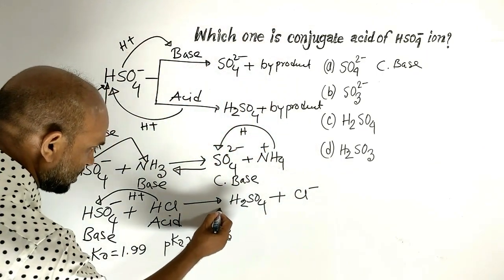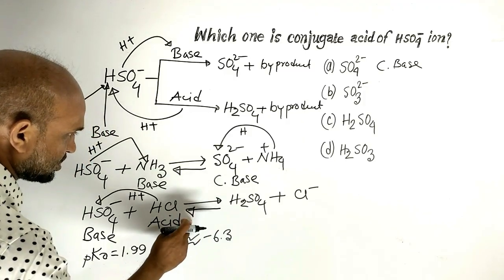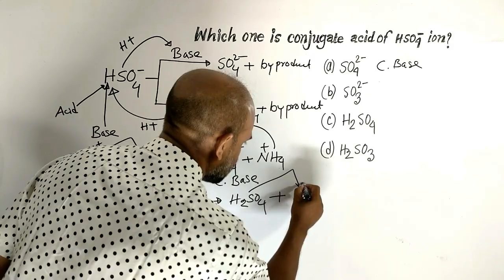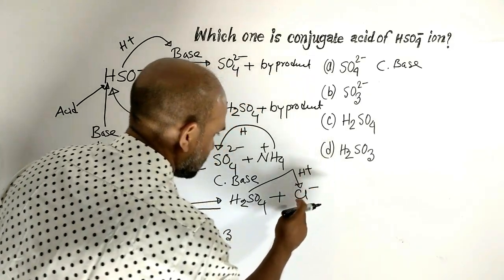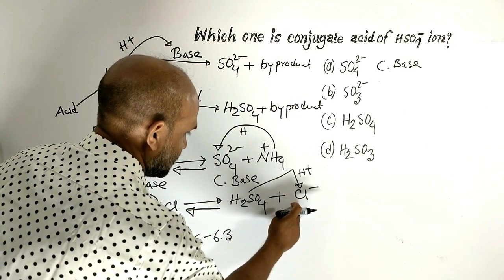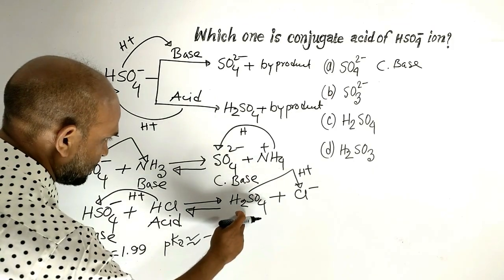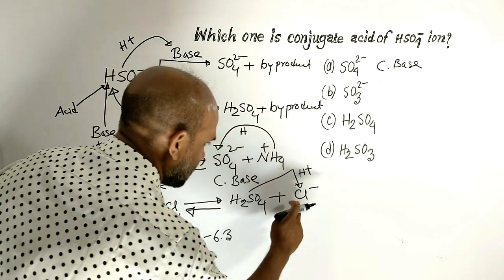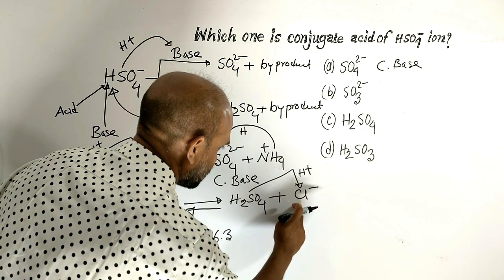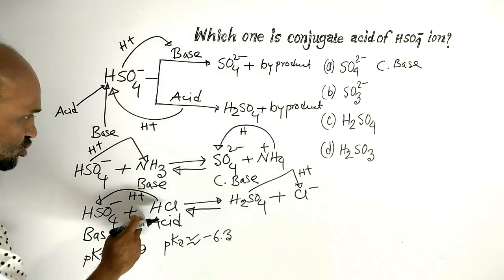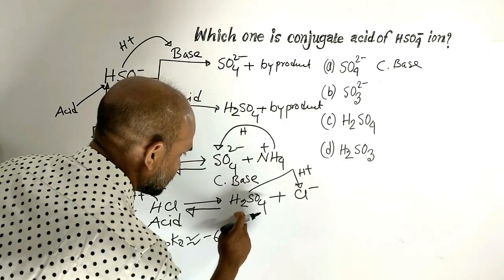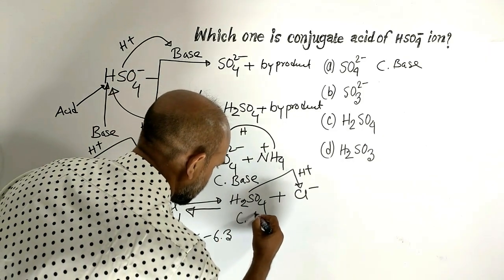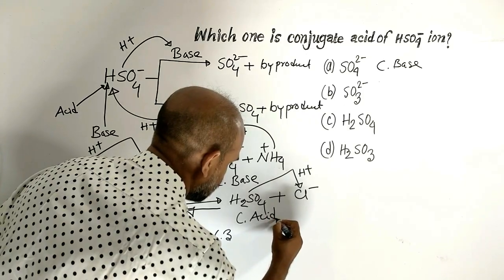When the reaction moves in the backward direction, sulfuric acid donates a proton to the chloride ion, and as a result, sulfuric acid turns into the bisulfate ion, and after accepting a proton, the chloride ion turns into hydrochloric acid. So here it acts as a proton donor. That is, this is the conjugate acid here.